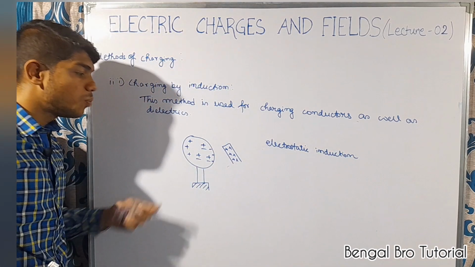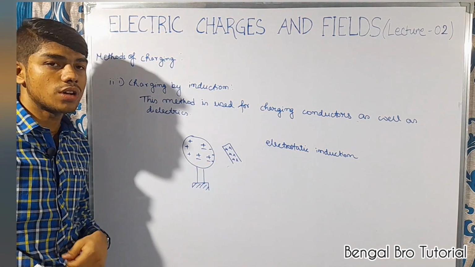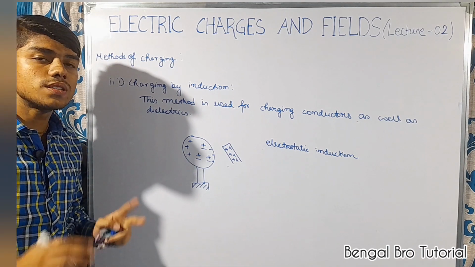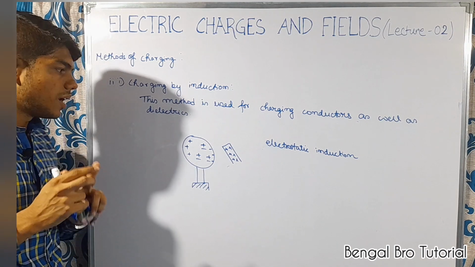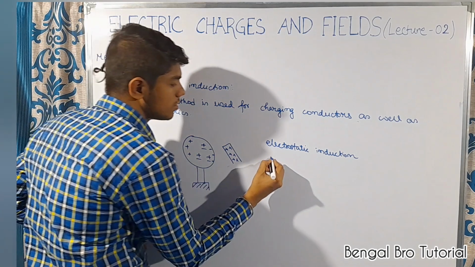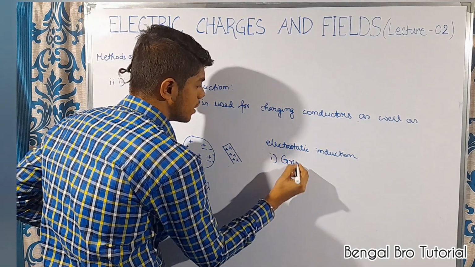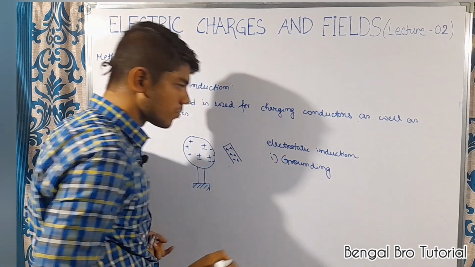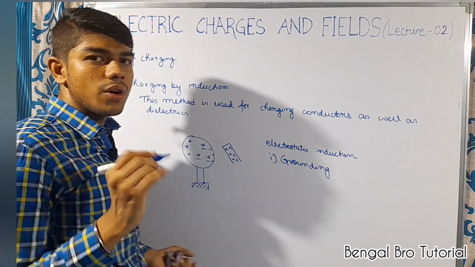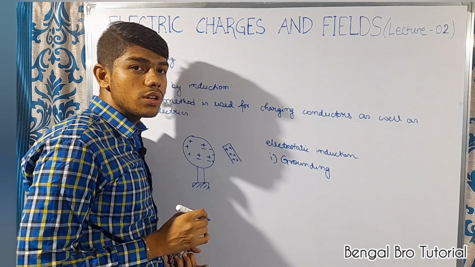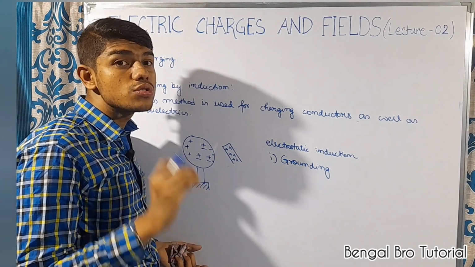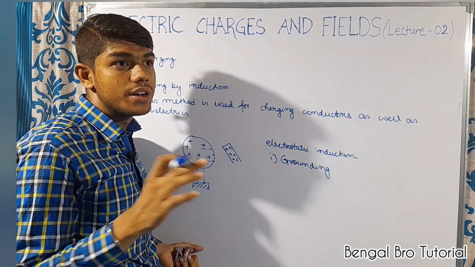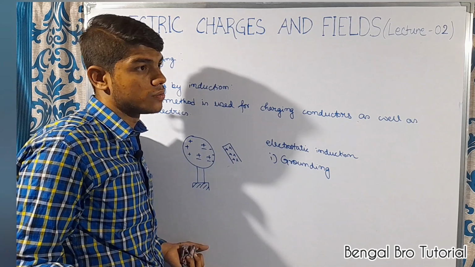Now, if you want to permanently charge this neutral body, then you can do this by two methods. First method is grounding. Remember one thing, students, that ground is called the source of electrons, or the ocean of electrons.